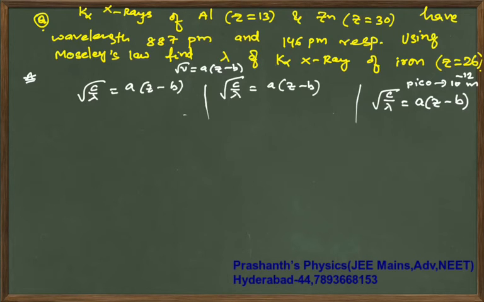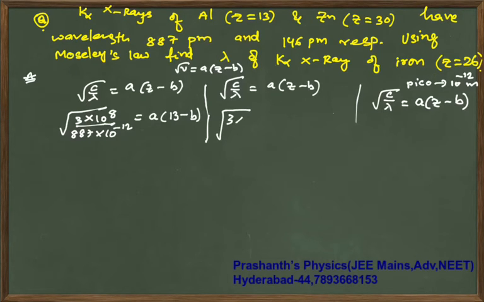Applying this: under root of 3 into 10 power 8 divided by 887 into 10 power minus 12 is equal to A times (13 minus B).